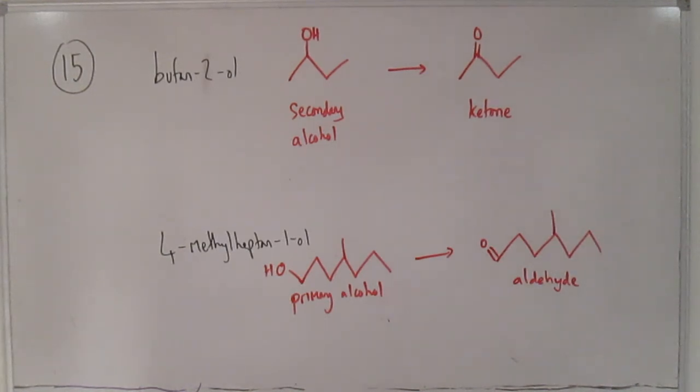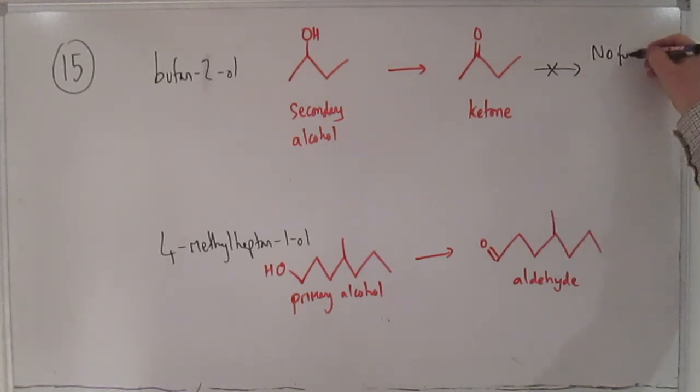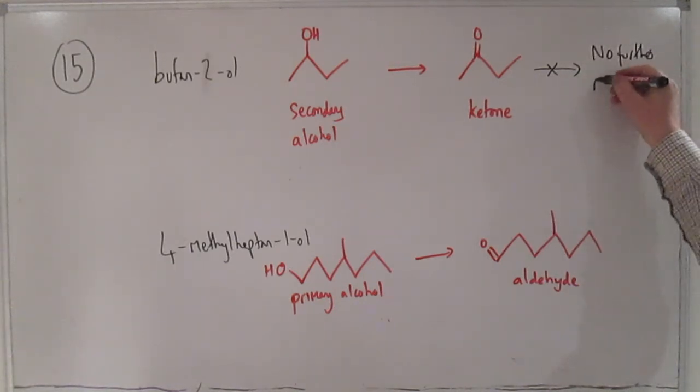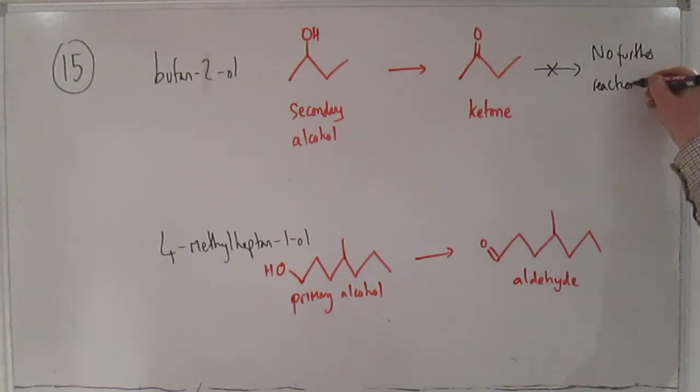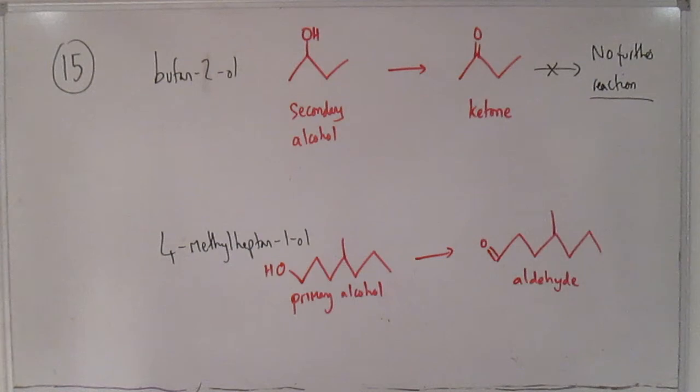So that one has no further reaction, because you just can't do anything more to a ketone. So that's the end of the line as far as oxidation is concerned. So for secondary alcohols it's easy. They just don't change anymore once they've been oxidized to the ketone stage.